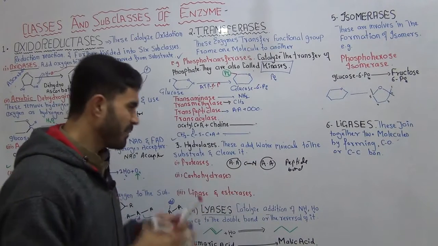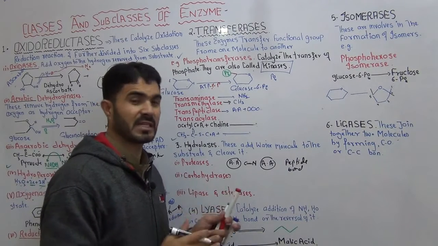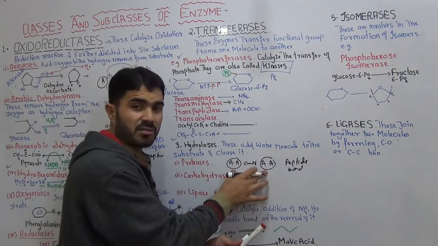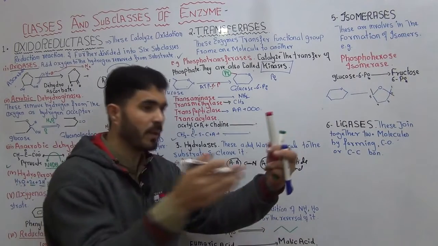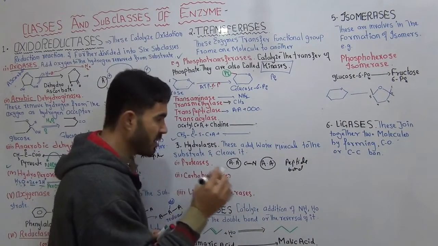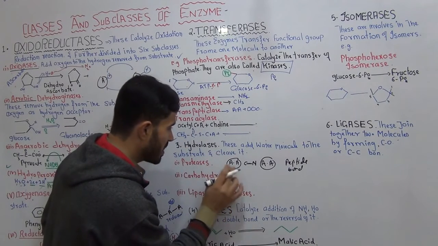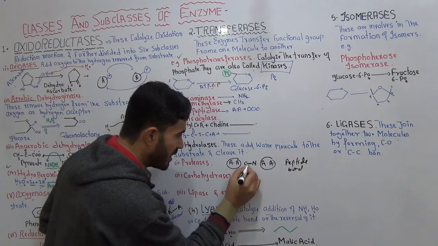I'm not going to write the complete structure of the two amino acids because my video lecture is already available on the structure of amino acids, how the two amino acids link together, everything is available there. So the main thing is that we should focus on the groups of interest only. So proteases hydrolyze this bond.